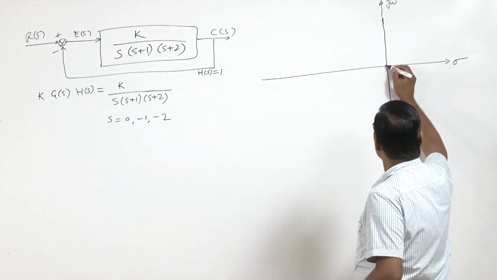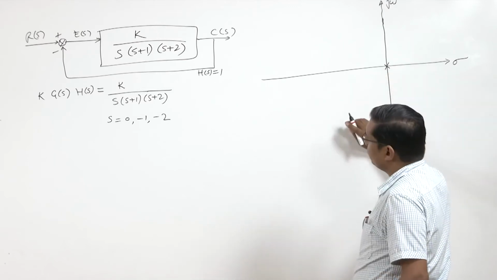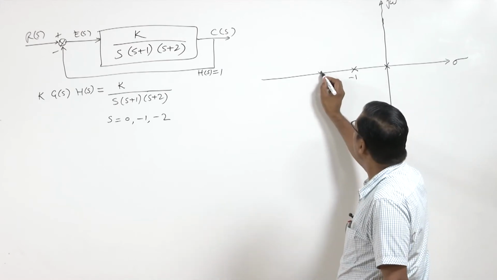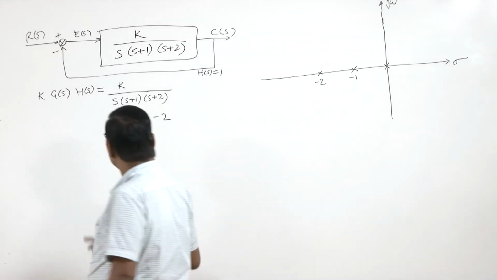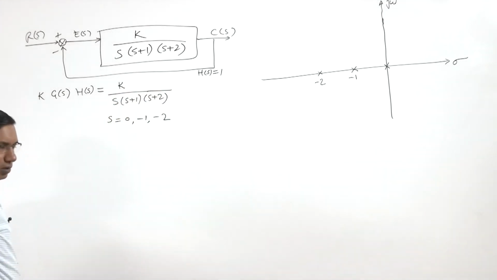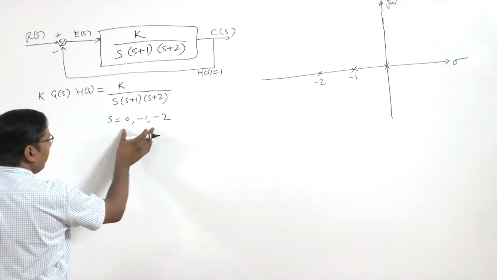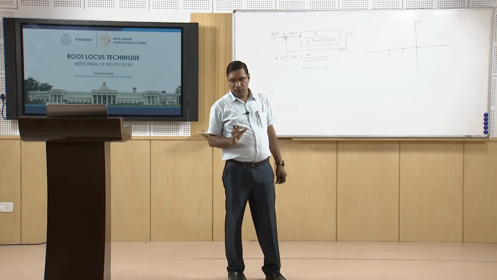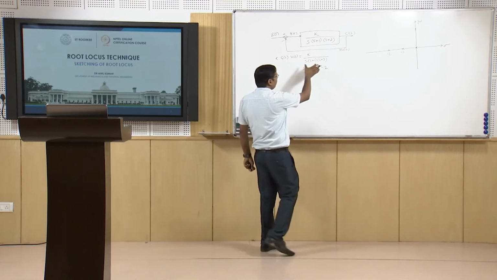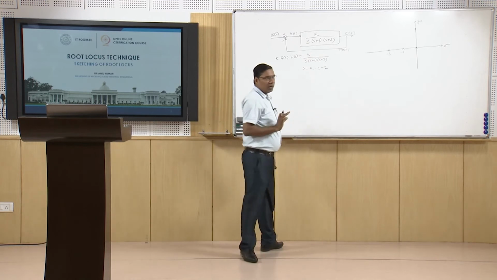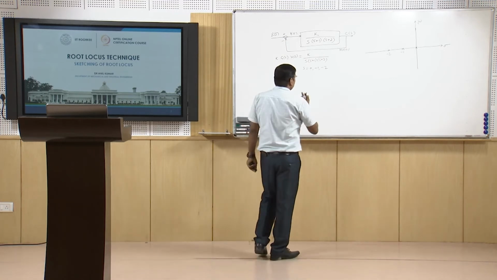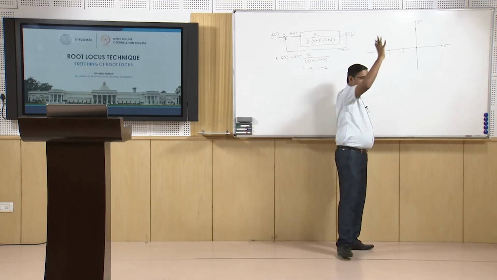The poles are at 0, then -1 and then -2. Now we see that we do not have any zeros, and we know that the number of finite plus infinite poles equals the number of finite plus infinite zeros. Here we have 3 finite poles and no finite zero, which means there are 3 infinite zeros.